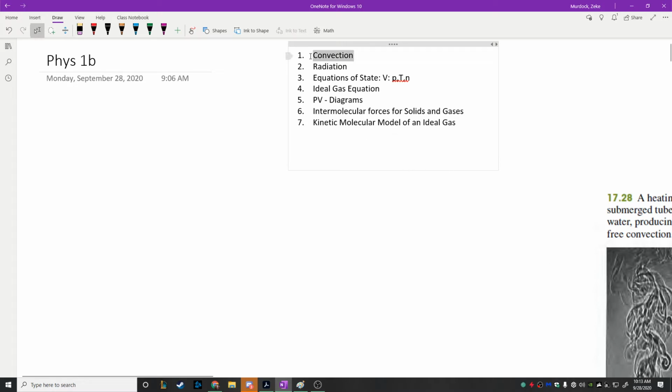So let's talk about convection first. The first thing I would say is, do any of you know what convection is? It's a type of heat transfer. When have you all heard the word convection? Convectional ovens, yeah. Okay, what's a convectional oven?